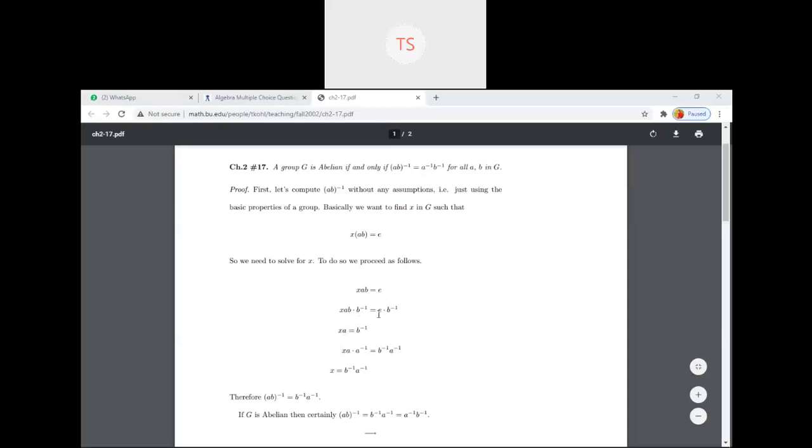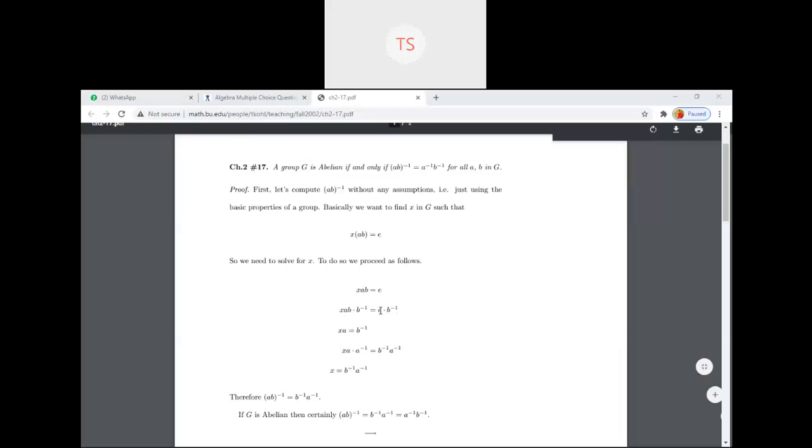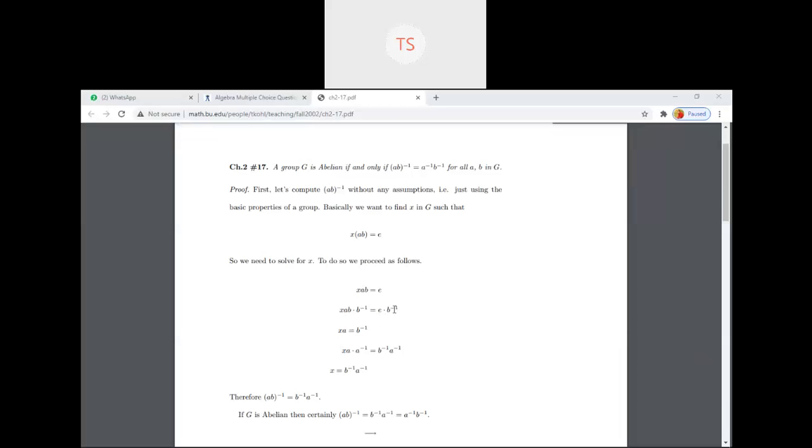But why are we getting B^-1? Because on the right hand side we have E into B^-1. Because E is the identity element, and if you multiply any other element with the identity element, again you will get the same element. So that's why after this line we are getting XA = B^-1.